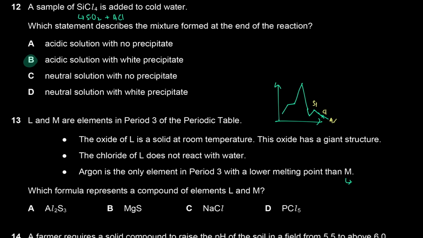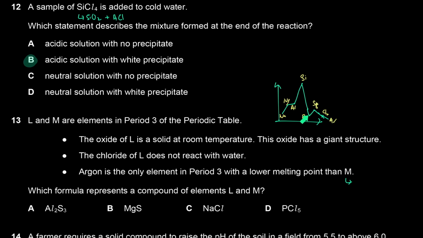Sulfur was S8, phosphorus was P4, and then you had silicon, which was a giant covalent structure. Aluminum, magnesium, and sodium. Across the period, among the metals sodium has the lowest, magnesium is much higher, aluminum is slightly higher than magnesium, and silicon has the highest melting point by far because it's a giant covalent structure, and then you get to the simple covalent molecules.